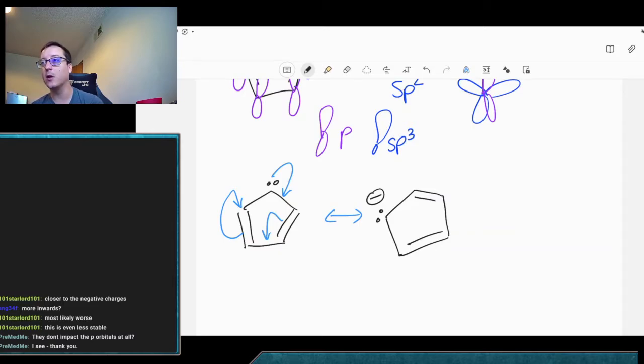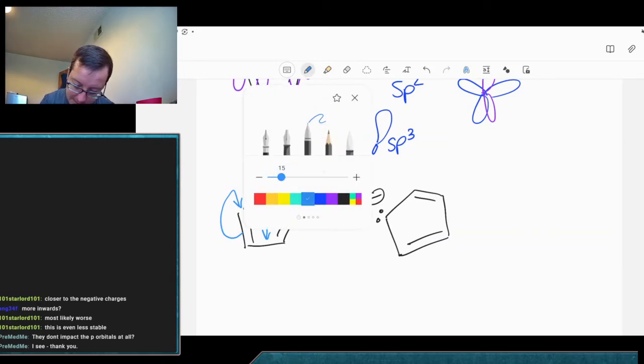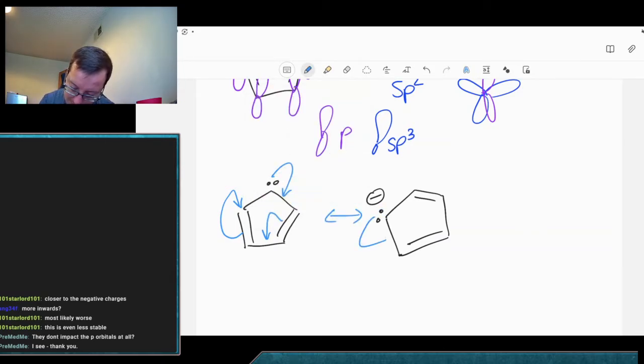And so it's really just kind of moved around. It was on, let's call it carbon 1 before, even though that's not what we'll number that in real life when we talk about naming these things. It's now on carbon 2 instead, that lone pair. And it can go wherever it wants. Instead of pushing these electrons, I could have said, okay, you know what, I'm going to decide to now dump this one on that carbon.